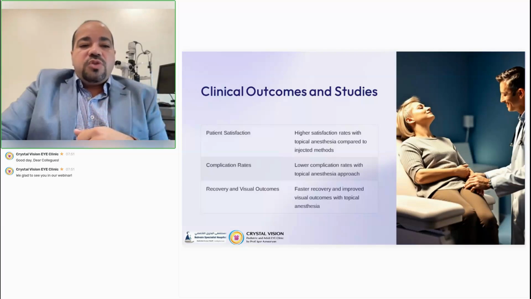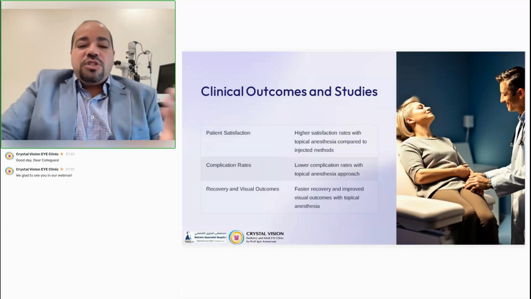Recovery and visual outcomes are also better, because when you do this operation with topical anesthesia, some patients on the table of surgery, when we just put the IOL, say, "Now I can see." So this is something good. It's like we are doing LASIK for this patient.